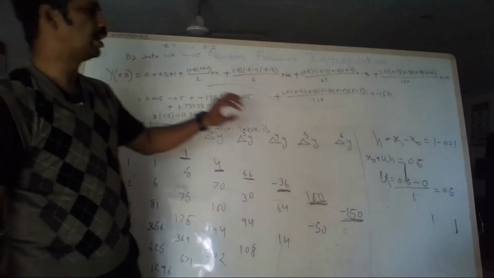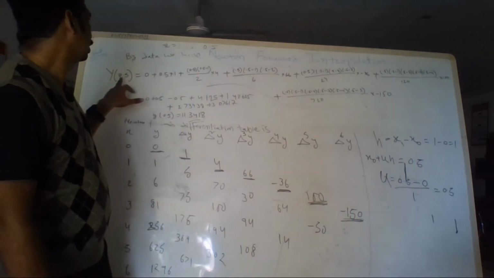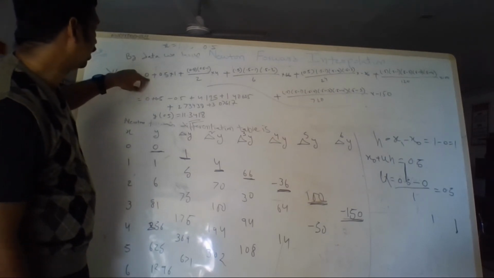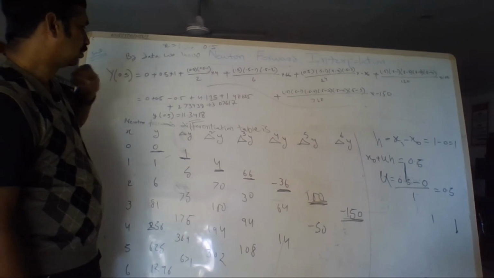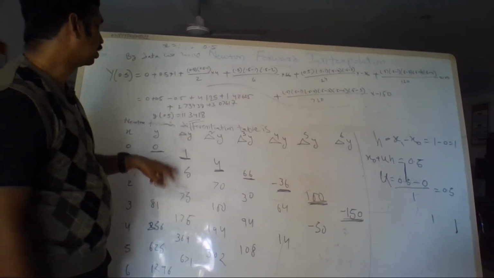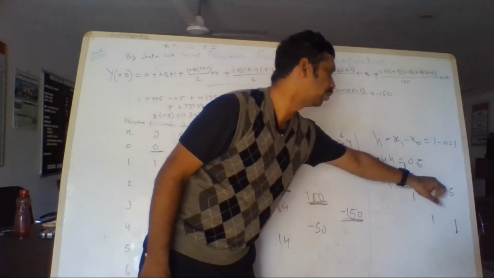If I substitute the values of h and u in this equation, we will get this. y of x equal to y of 0.5 equal to y naught, the value of y naught is 0, plus u into delta y naught. The value of u is 0.5.